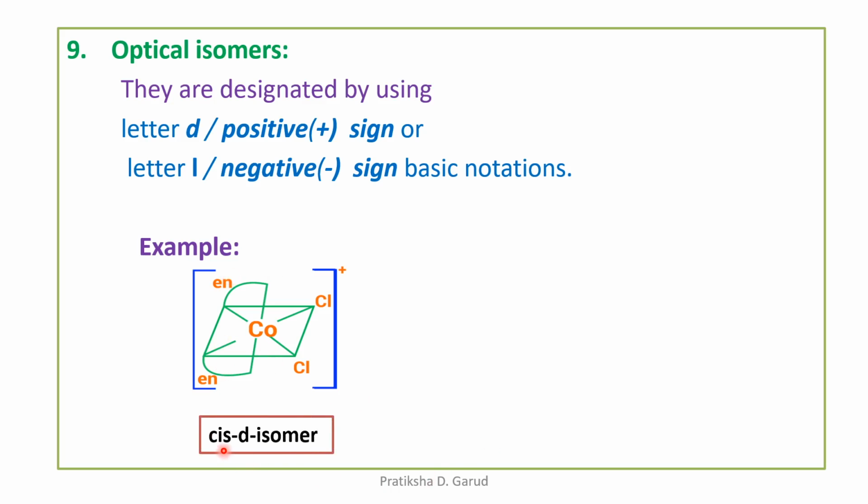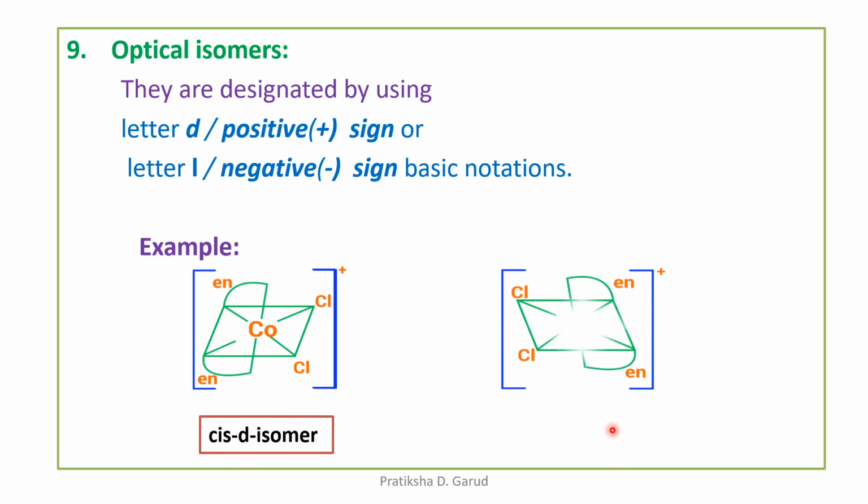This is known as the cis D isomer. And the second one, the same structure, with ethylenediamine, Cl, Cl towards the opposite side, is called the cis L isomer. So the first one is called the D isomer and the second one is called the L isomer. Both are cis isomers. Only the first one is D and the second one is L, and they are known as the optical isomers.